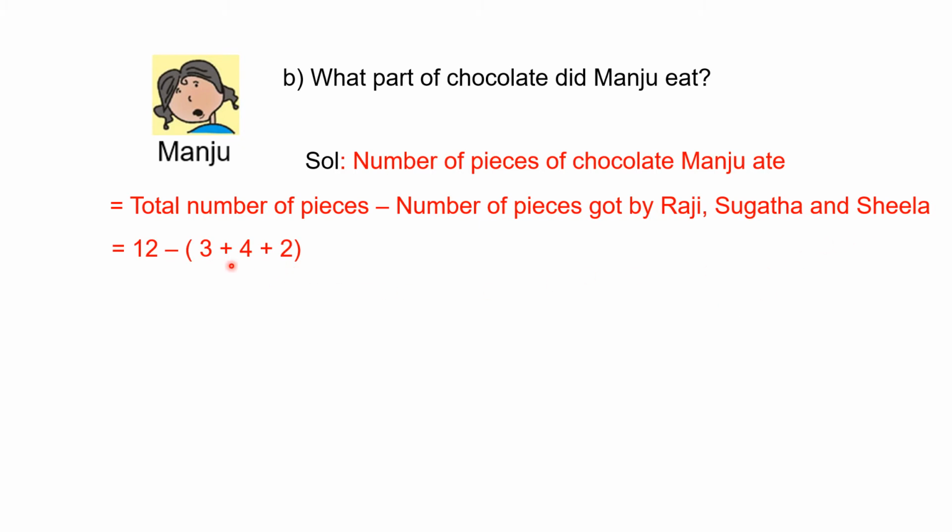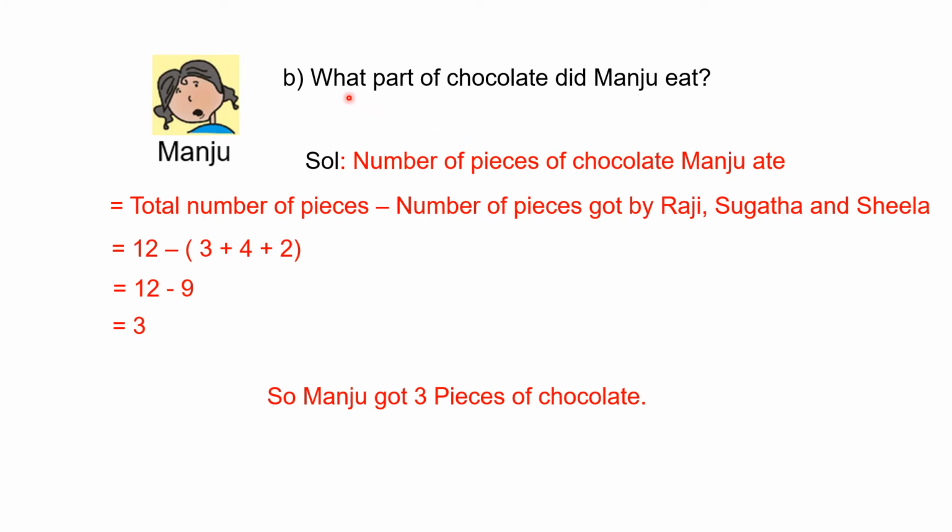Let us add 3, 4 and 2. That is 3 plus 4 is 7. 7 plus 2 is 9. 12 minus 9 equals 3. So Manju got 3 pieces of chocolate.